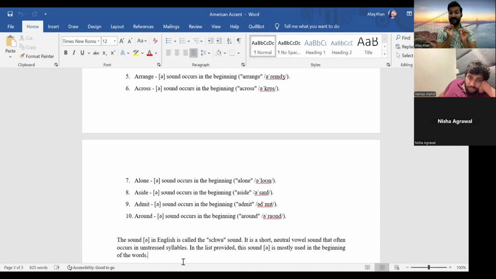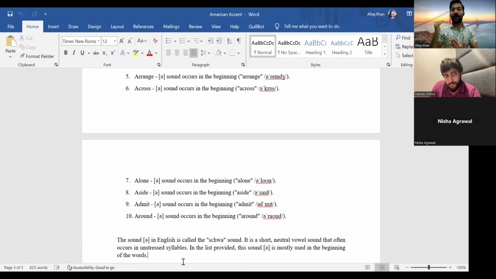Exactly, but it also exists at the end of so many words. It sometimes exists in the middle of words, okay? But mostly it occurs in the beginning of words. Can you please repeat this sentence? Okay, I told you that it doesn't only occur in the beginning of words, but it also occurs at the end of so many words.